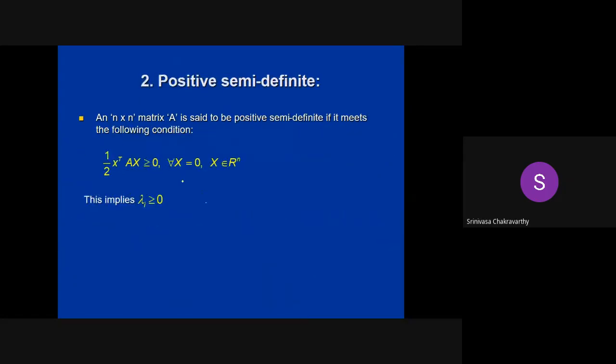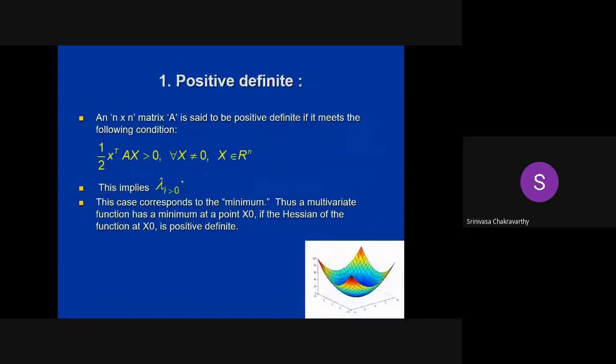So based on this, you can define a certain property of symmetric matrices, which is called definiteness. For a square matrix A, the quadratic form is greater than 0 for all x, where x is not equal to 0, so x should not be a zero vector. If you take any other non-zero vector, then this quadratic form will always be positive if and only if all the eigenvalues are positive.